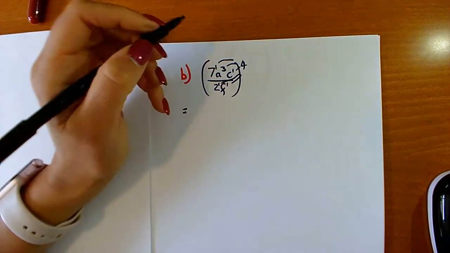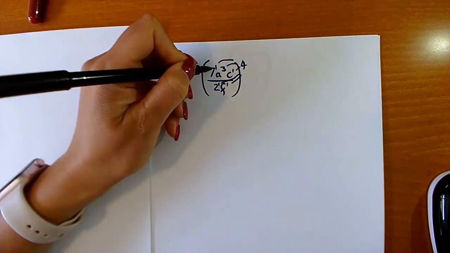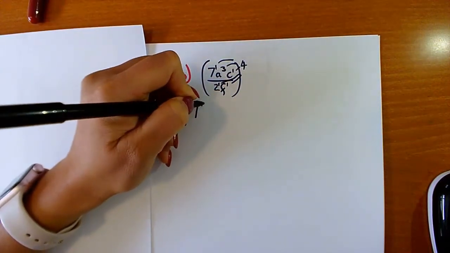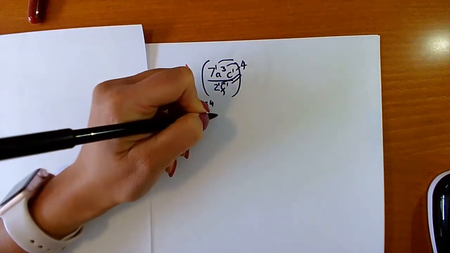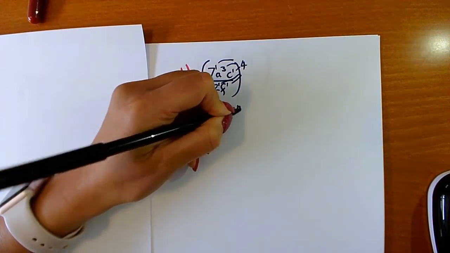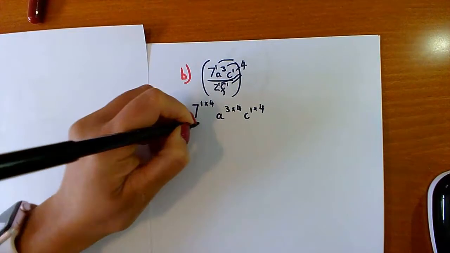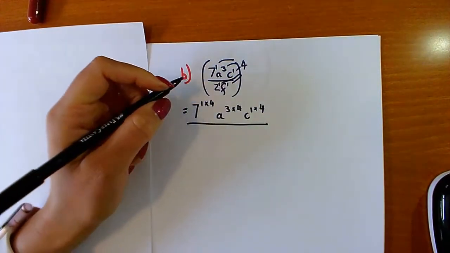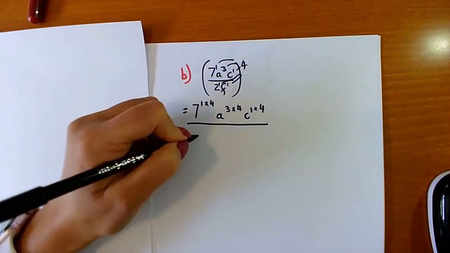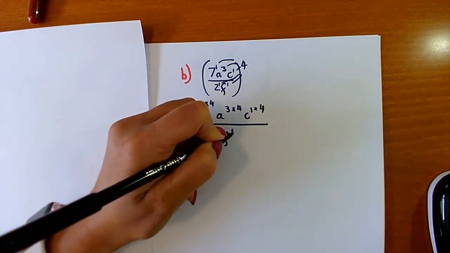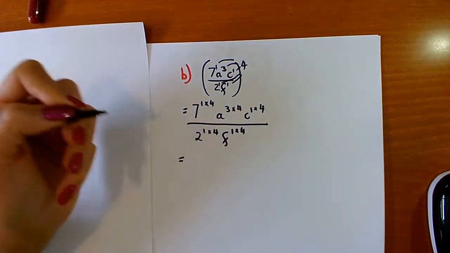Let's have a look. So 7 to the 1 times 4. If we write it out the long way, we do everything. 1 times 4, a, 3 times 4, c, 1 times 4. Everything. You don't have to do this all the time, but until you get into the habit, it's good to do it. 1 times 4. Okay, now we've got everything there.